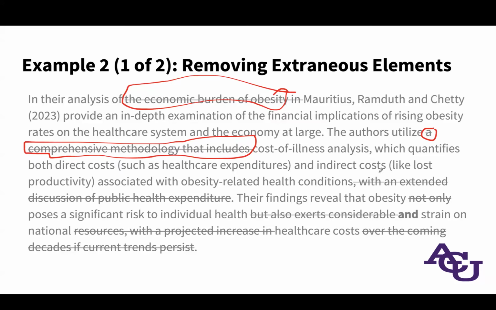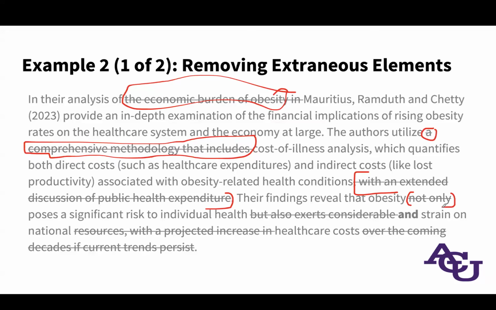And in this example here, where it says with an extended discussion of health expenditure, that could be very well, but is that something that our audience is interested in? Probably not. Again, appropriate scope and details for the audience in mind.